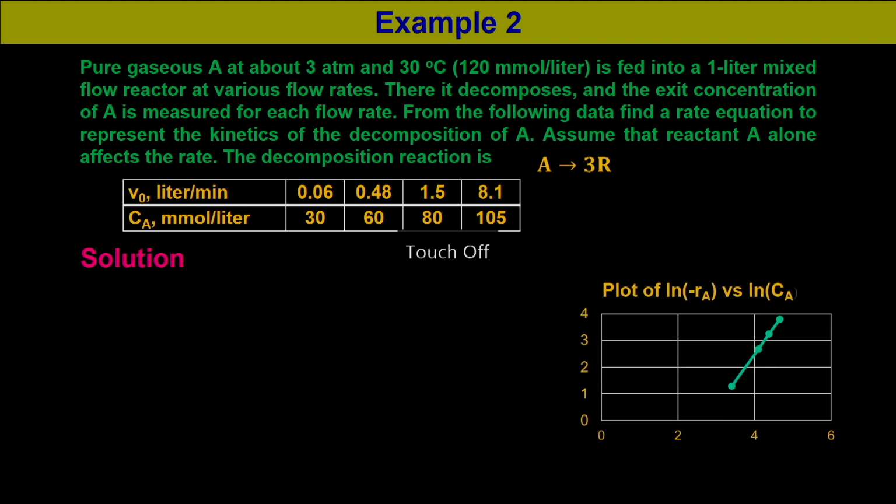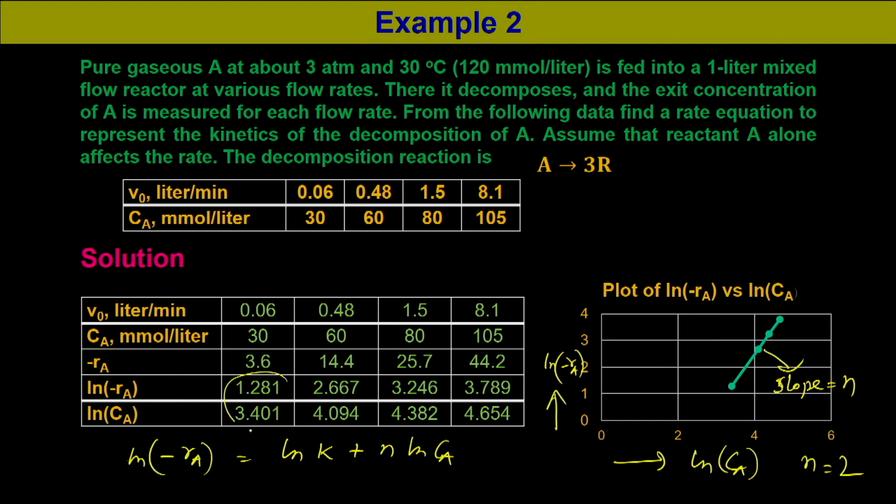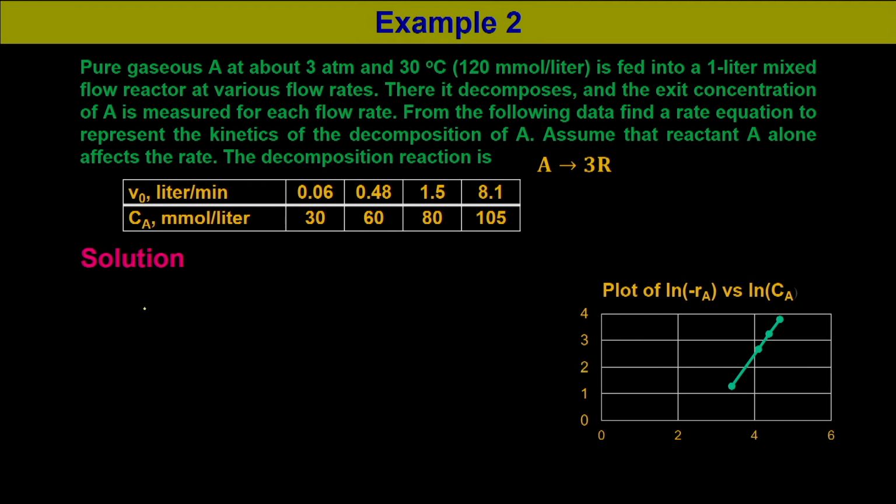Now, we can either calculate the intercept, which is ln k as per the equation, or we can substitute in the rate equation for any data point. So, if we consider the first data point, 1.281 and 3.401, then 1.281 is equal to ln k plus 2 into 3.401.